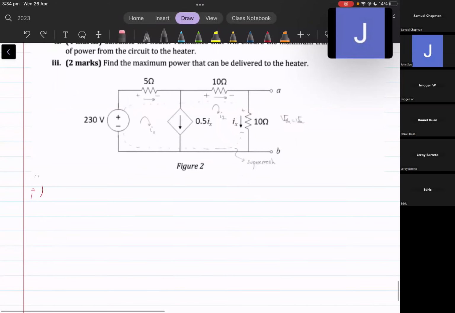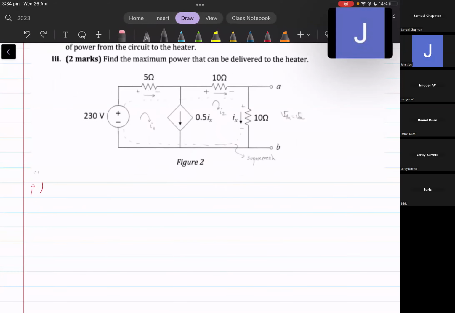So if we go through this way, we can get minus 230 because we'll look going around clockwise like we normally do.